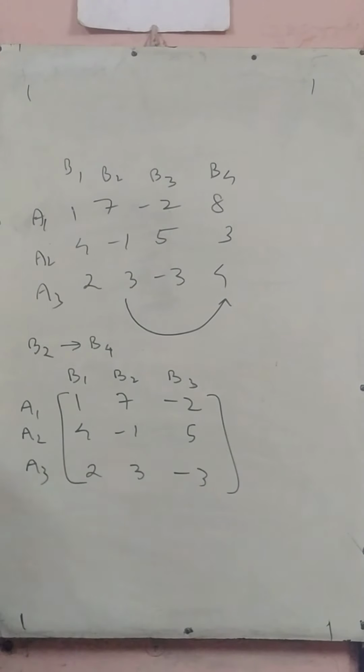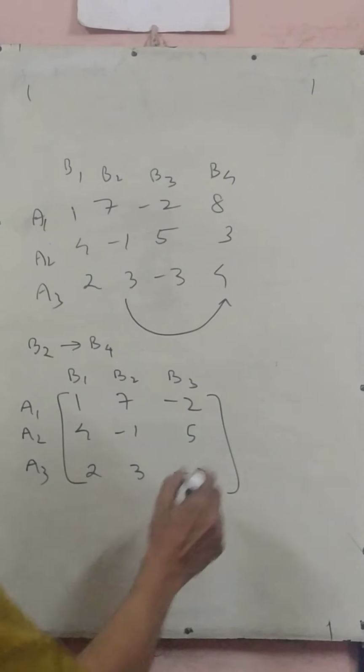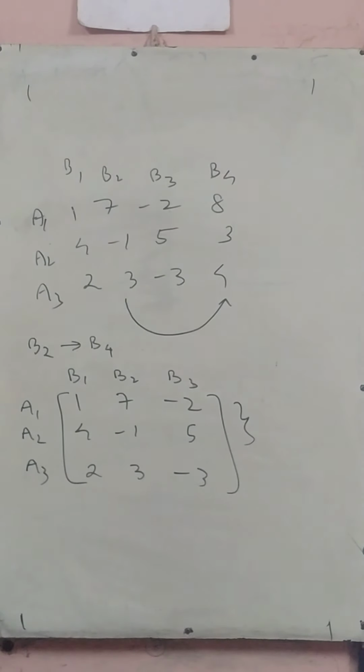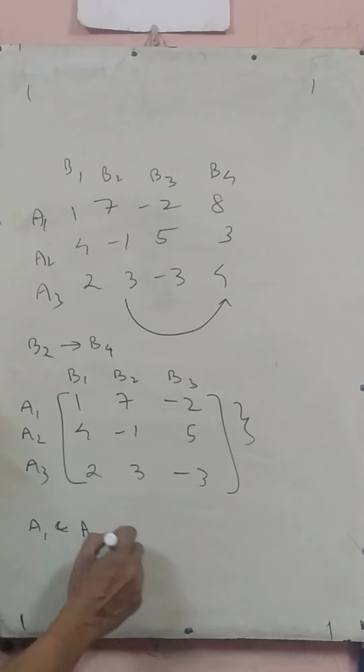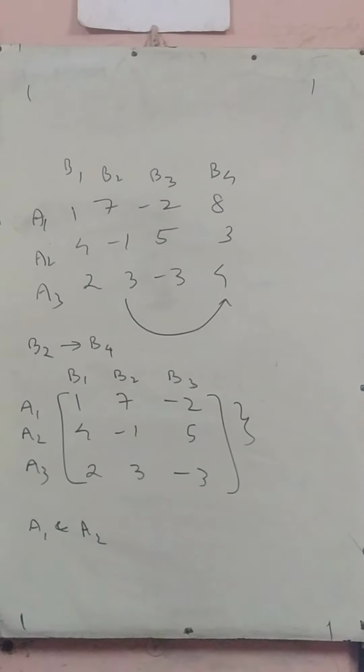In this case, if you observe the other values, of course, if you take the average of first two, there may be other ideas. 1, 4, average is 5 by 2, 2.5. So if you take the average of A1, A2, I am not telling that you must take the average. Just I am wanting to show what is the meaning of average dominance.